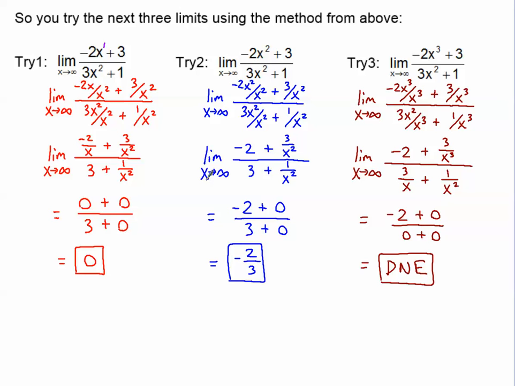And lo and behold, the limit as x approaches infinity is negative 2/3. And when the numerator's degree was larger than the denominator's degree, there was no horizontal asymptote. And look at that, there is no limit as x approaches infinity. So we can always make the connection with the horizontal asymptotes.